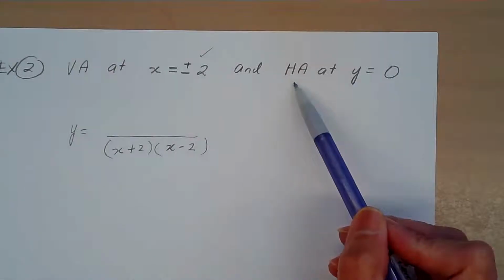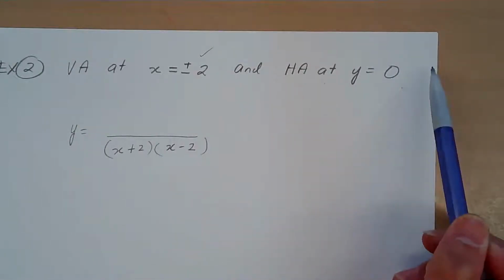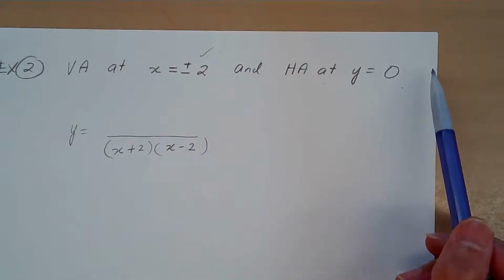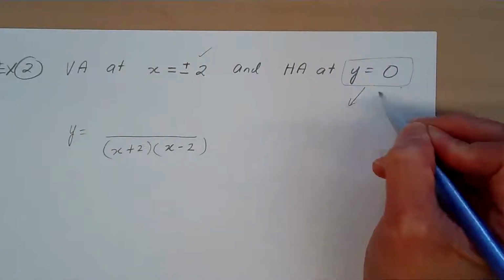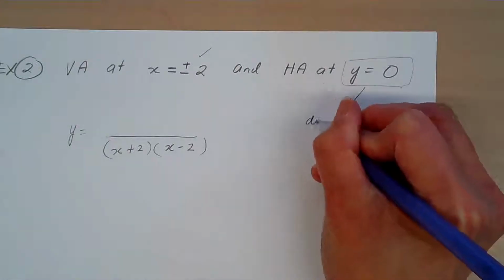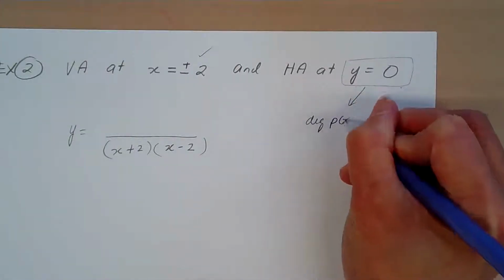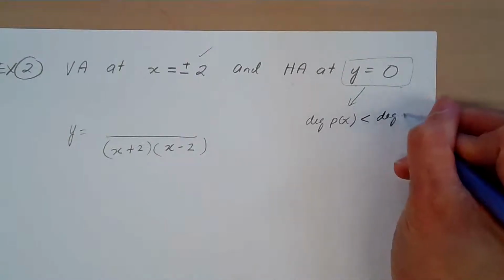for the horizontal asymptote at y equals 0? When do we get y equals 0? The horizontal asymptote happens at y equals 0 if the degree of p of x is less than the degree of q of x.